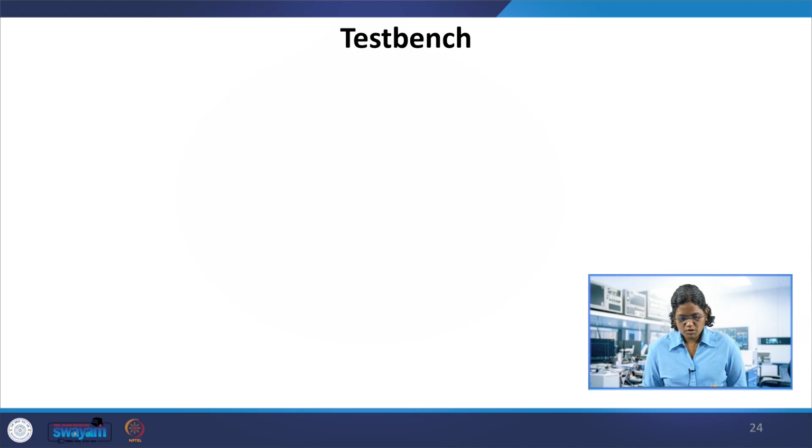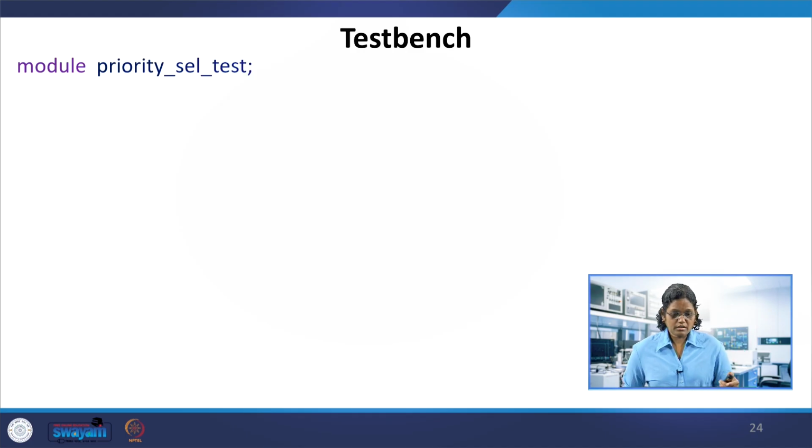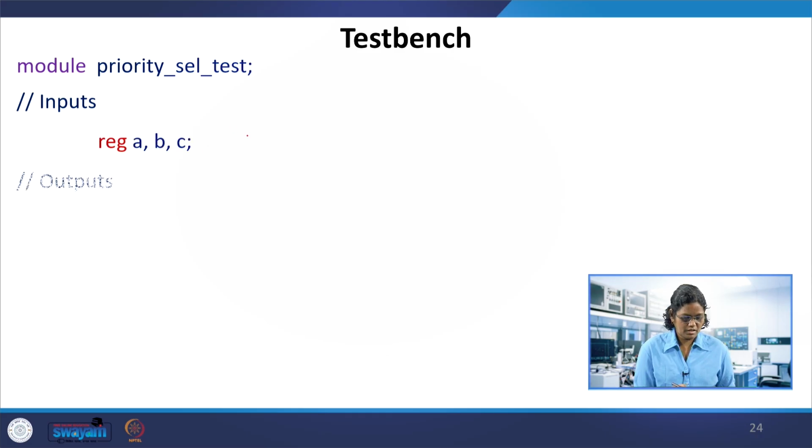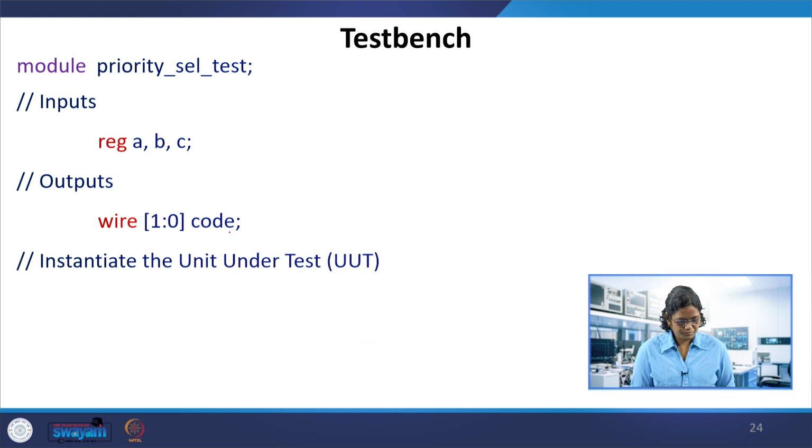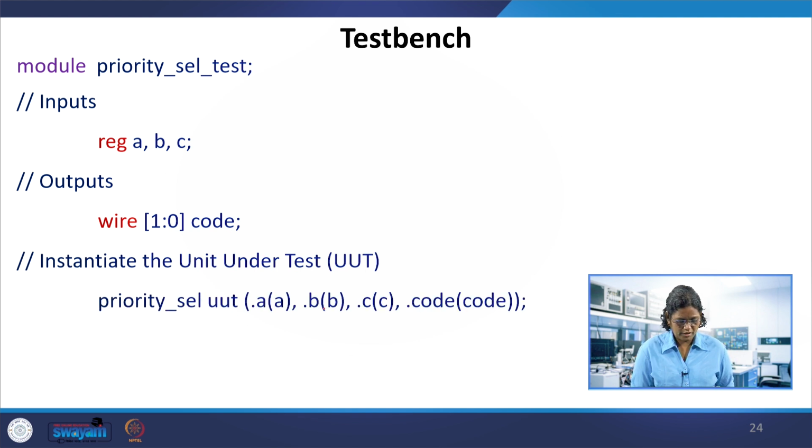Okay, now we will see the test bench of that module, the priority select test bench. You have the inputs A, B, C, and as output we have the 2-bit code. Instantiate that module, priority select, with .A, .B, this is with the port names, and the A within the brackets is the local signal. The .code is representing the code.